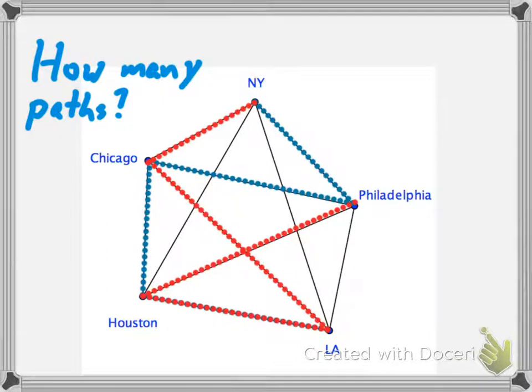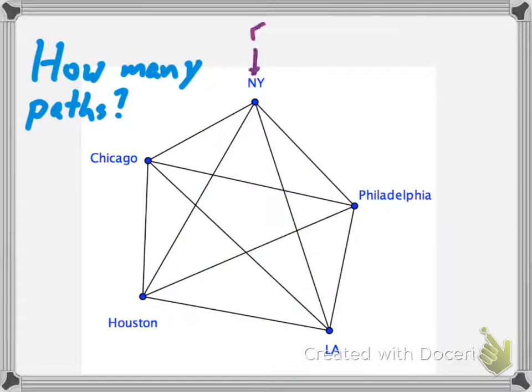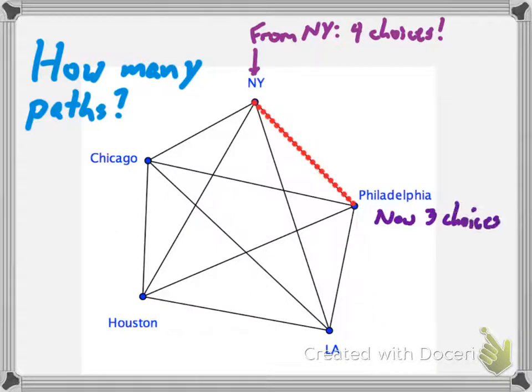If we're starting from New York, there are 4 choices we can make, right? There are 4 different cities we can go to because it's a complete graph. I can go to any of the other cities I want. So let's say we choose Philadelphia. Now once we've chosen Philadelphia, how many choices do we have left? 1, 2, 3. So there are 3 choices from Philadelphia.